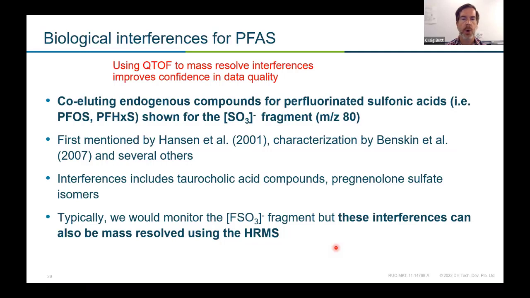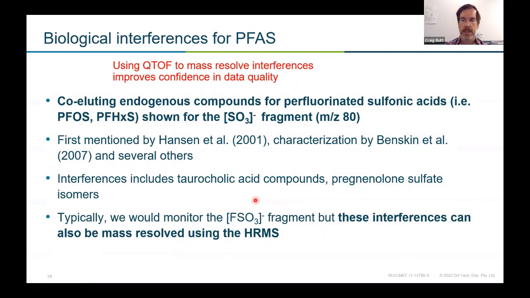And we know that some of the perfluorinated sulfonic acids, such as PFOS or the hexane sulfonic acid, with that 80 fragment, which is the SO3 fragment, we know that there is biological interferences. And I've kind of listed those down here as a 𝗏 acid or the other pregnenolone sulfate isomers. And that's been known for quite some time.